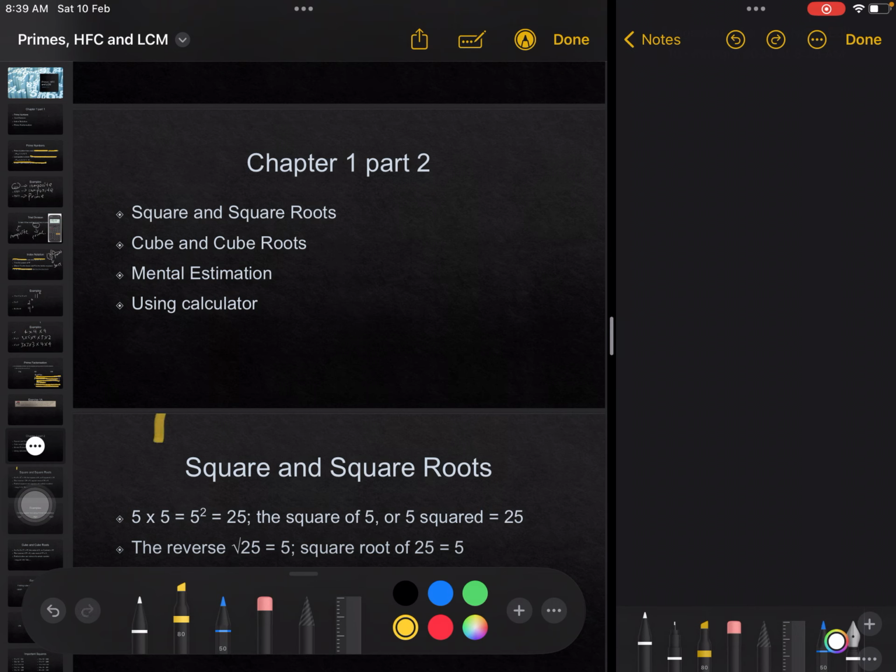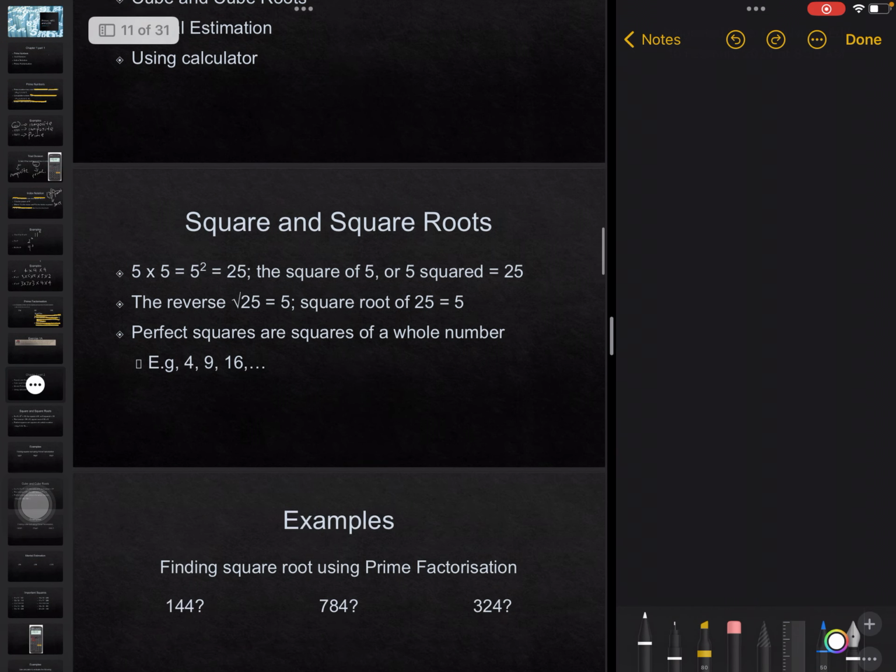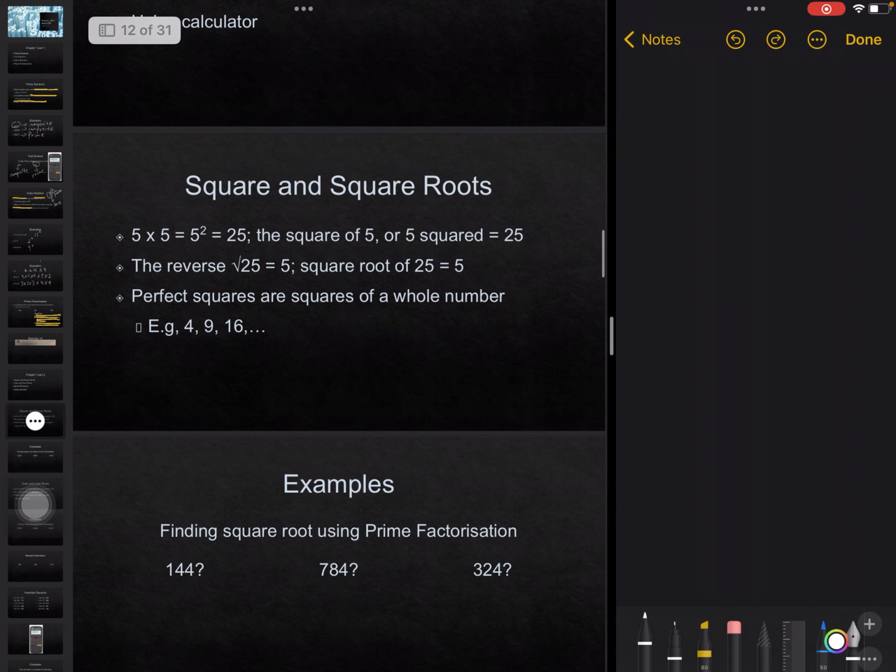Okay, so what are square and square root? Let's say when we have 5 times 5, it is equal to 5 square. This is what we have learned during the last video, and it's also equal to 25.